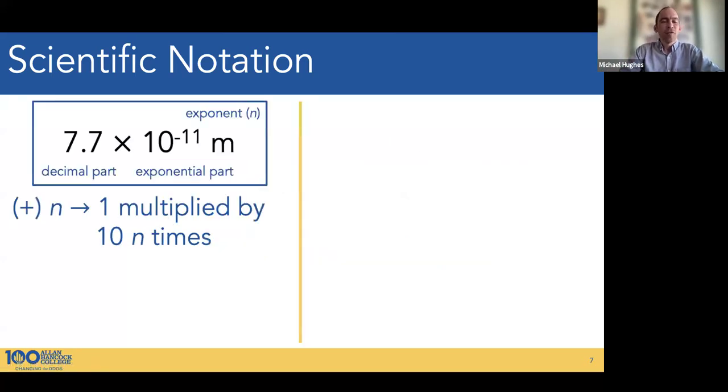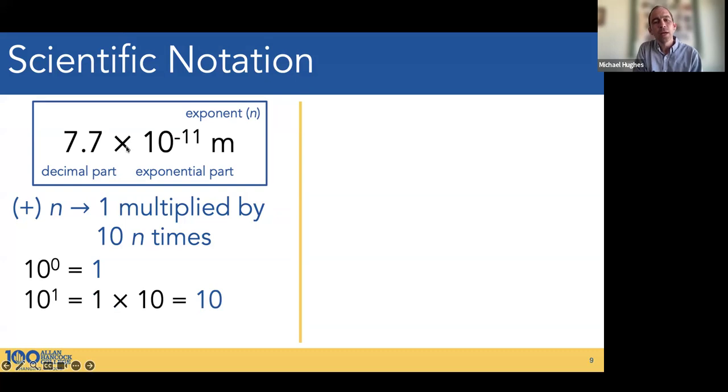So if n is positive, well, 10 to the 0, I guess, is not positive nor negative, but 10 to the 0 is 1. So if we have a decimal part times 10 to the 0, it would really just be by itself. 10 to the 1 is 1 times 10, so that would be 10.